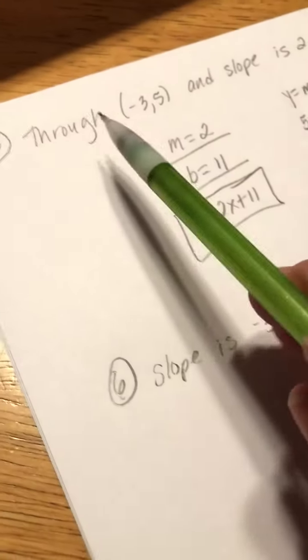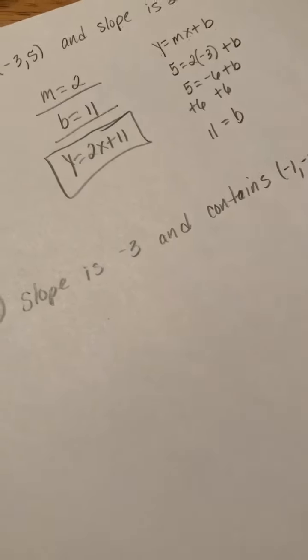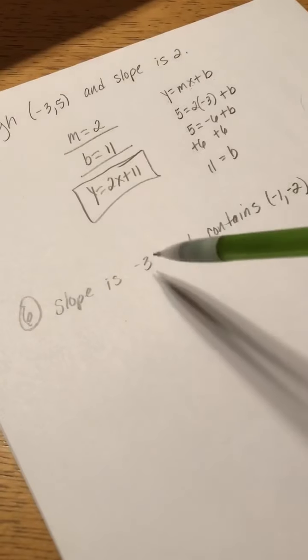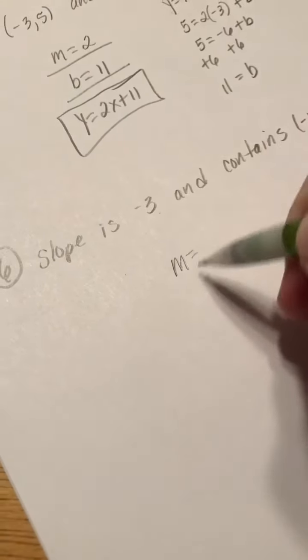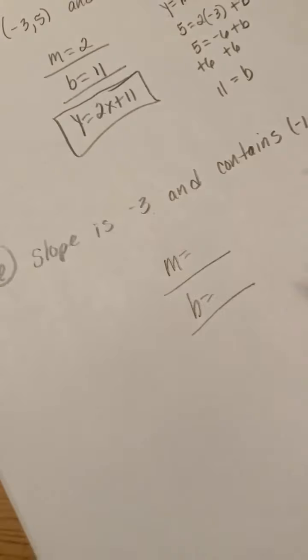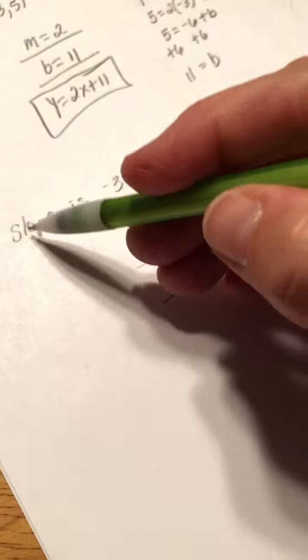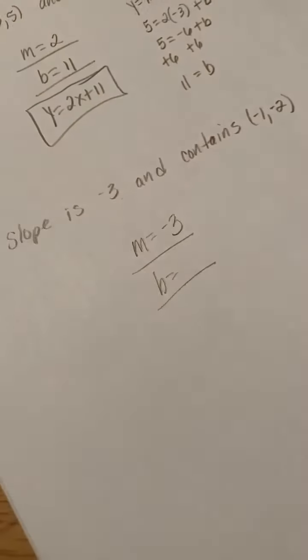Now the difference up here, it said through the ordered pair, doesn't change just because they change wording. Contains, through, the biggest thing is they're still giving us a point and they're still giving us slope. No matter how you do it or how you look at it, we still need our m blank and our b blank. Slope, as again, we know is m, so we plug that in.